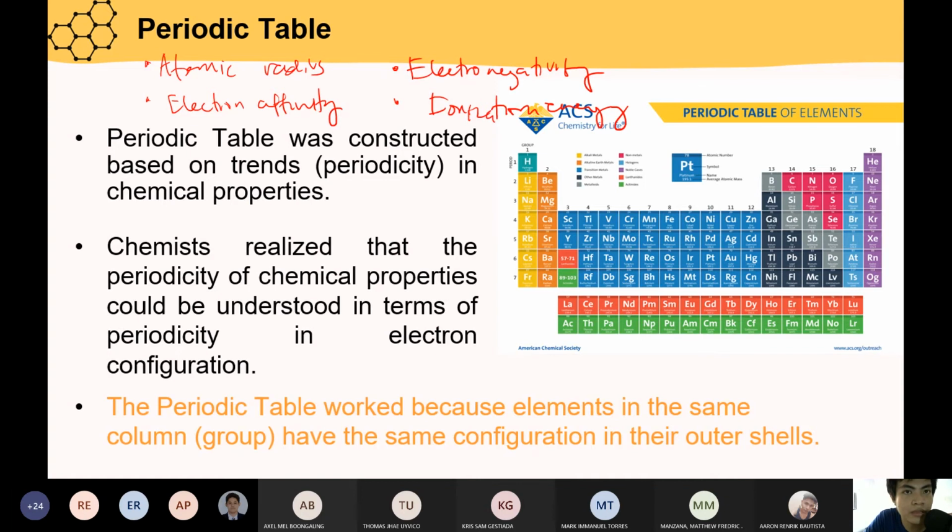Pero, other than the chemical reactivity of atoms, the way they arrange the elements daw are appropriate for predicting their sizes or their energies. So, tama rin daw yung pagka-arrange nila in terms of these parameters. Now, let's take a look into the four periodic trends.